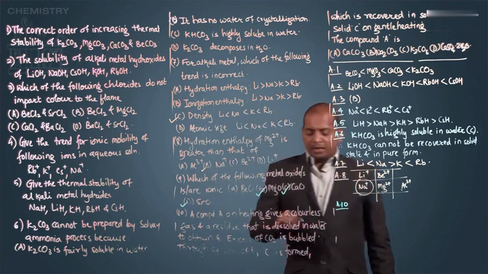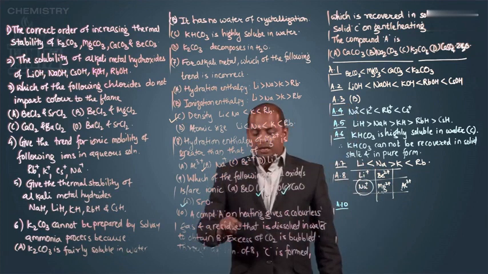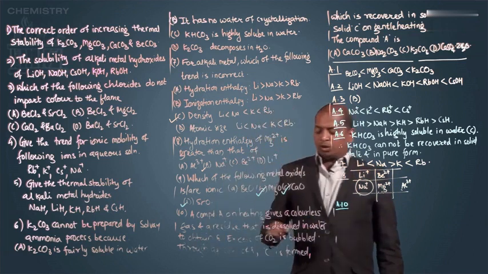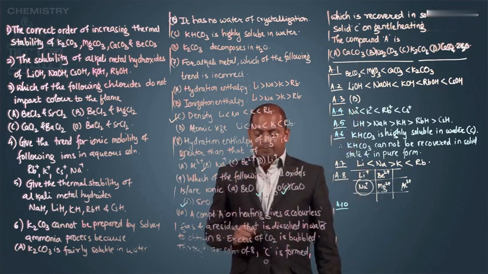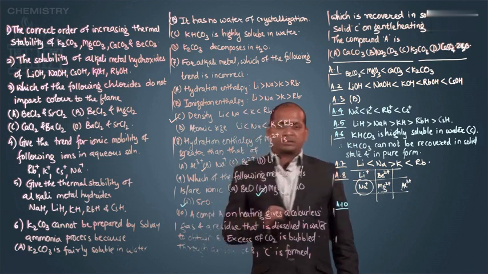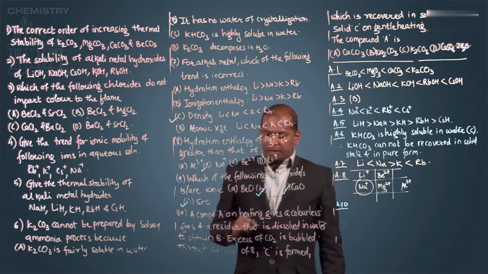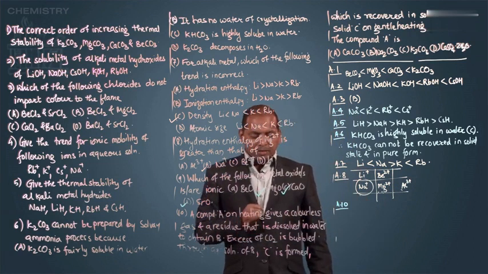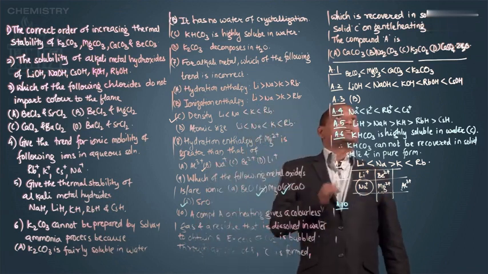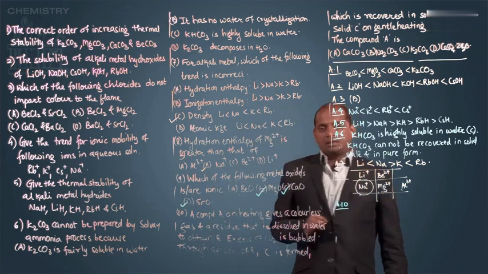Compound A on heating gives a colorless gas and a residue that is dissolved in water to obtain B. Excess of carbon dioxide is bubbled through aqueous solution of B. C is formed, which is recovered in a solid state.